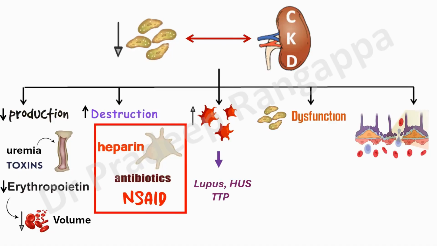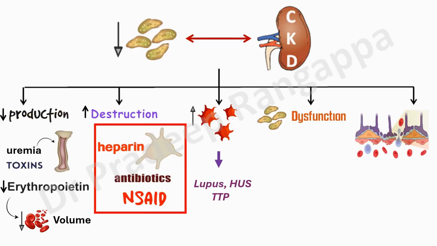When there is an increase in activated platelets, there is more destruction, and then thrombocytopenia sets in, especially when the etiology of CKD is the cause of activation of the platelets, which typically happens in autoimmune conditions like lupus, hemolytic uremic syndrome, or thrombotic thrombocytopenic purpura.